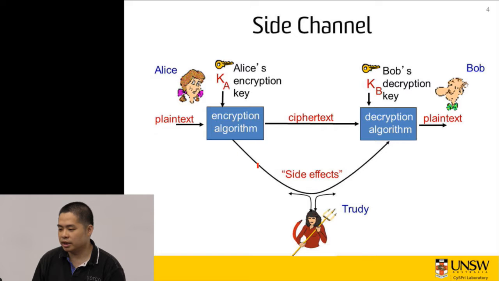Compared to the main channel, that is called the side channel, which carries sensitive information that is very hard for Alex and Bob to detect or notice. However, it is very valuable to the third unauthorized party, Trudy, to get the information.